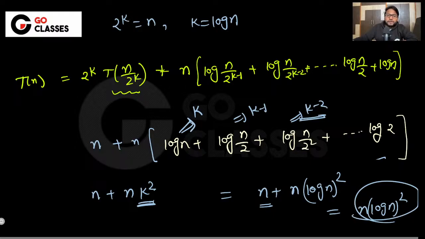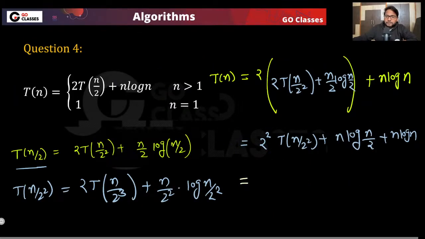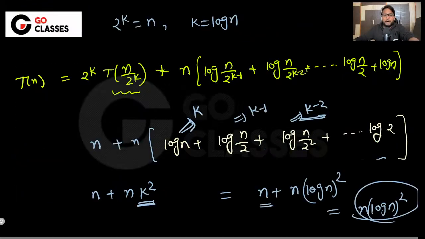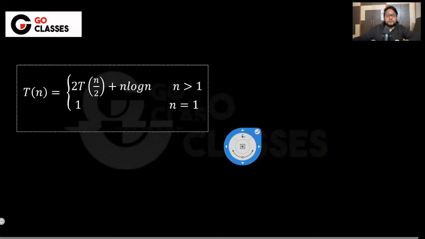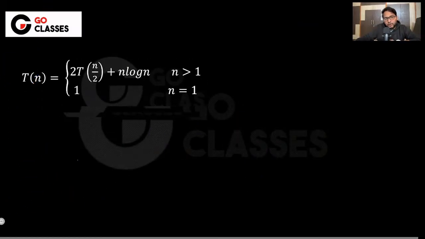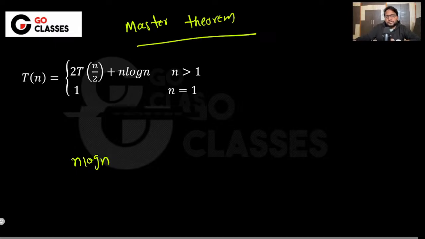Those who are familiar with the Master's theorem, can you also solve this using the Master's theorem? We will see the Master's theorem in a couple of minutes. See, what is f(n)? N log n, right? So I'm just solving using the Master's theorem. Otherwise in just 10 minutes you will get to know it more.